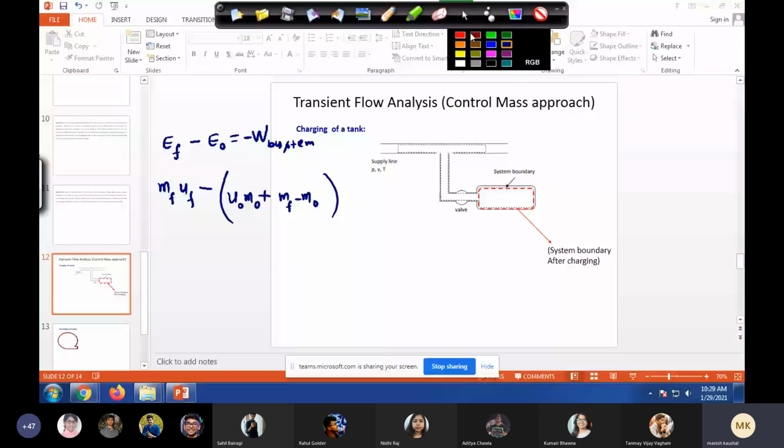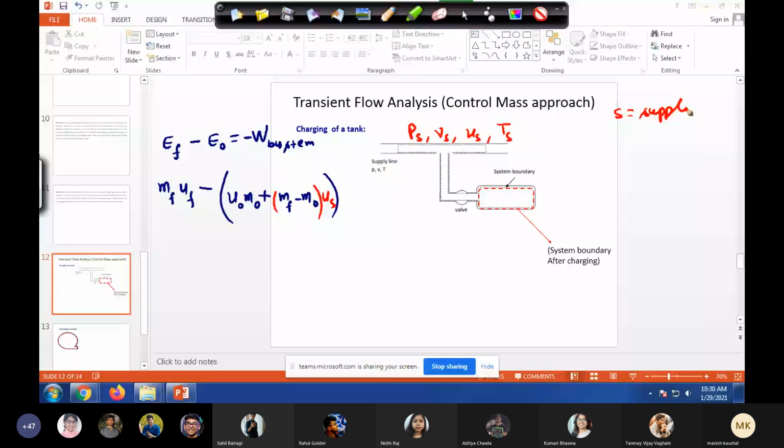I'm saying supply by PS, VS, US. And if you want TS, S is for supply. So this is our EF minus E naught, and that should be equal to work done by system.